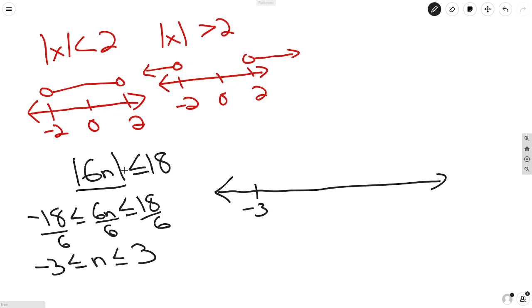We have negative 3, we have 0, we have positive 3. We're going to do closed circles at negative 3 and at positive 3. And n is somewhere in between. Perfect.